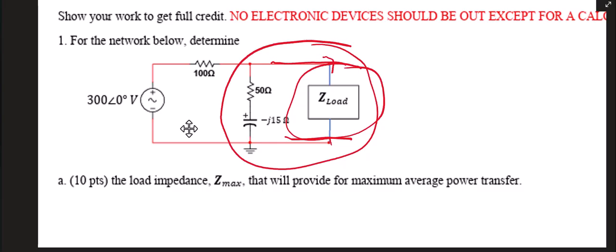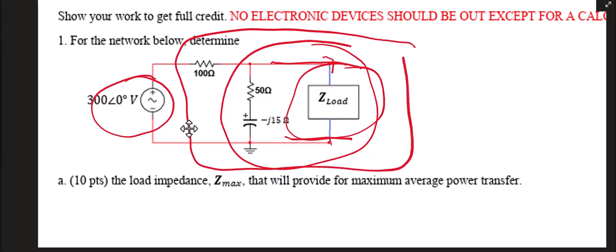If it asked for the entire power supplied by the voltage source, I could either find the power of the voltage source, or if for some reason I didn't have the information for the voltage or the current, I could find the power of everything else, and everything else would be absorbing, and the power supply would be supplying.